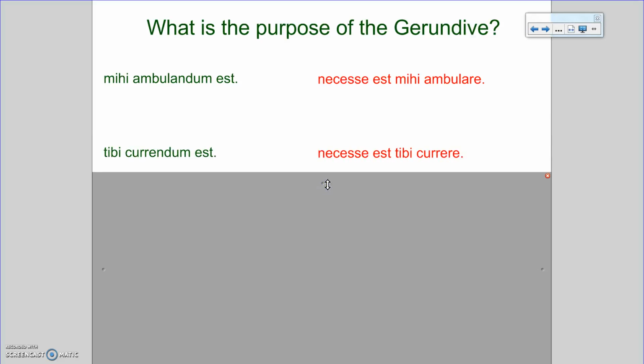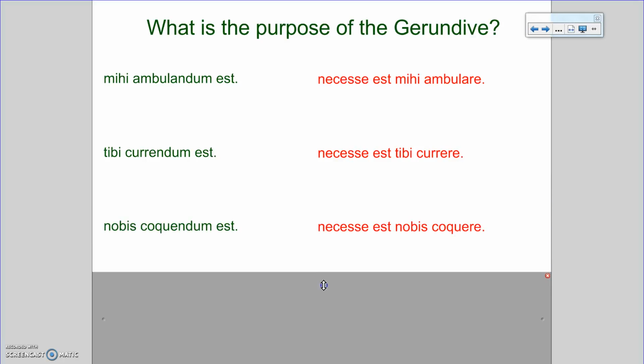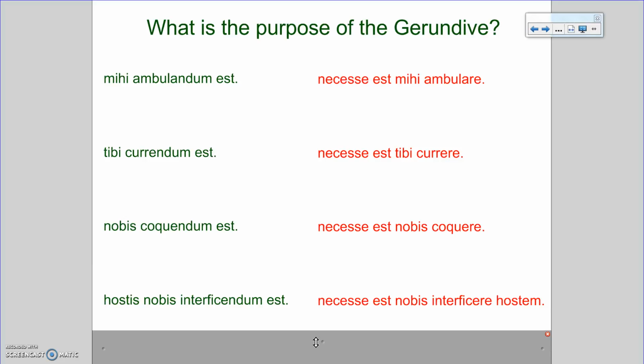So although it shows a similar amount of obligation, the gerundive form is a little bit stronger in its emphasis. So again, you can see tibi currendum est, you must run, and necesse est tibi currere, it is necessary for you to run. Very similar sentence structures. They essentially mean the same thing, but it just gives a little bit of variety in how you can write the language and what you'll see in actual context.